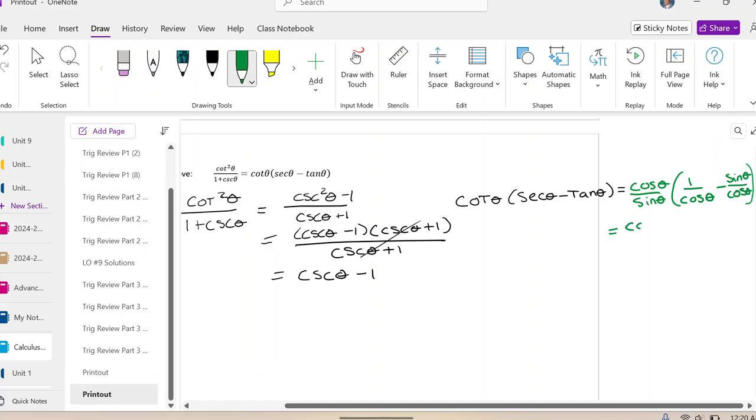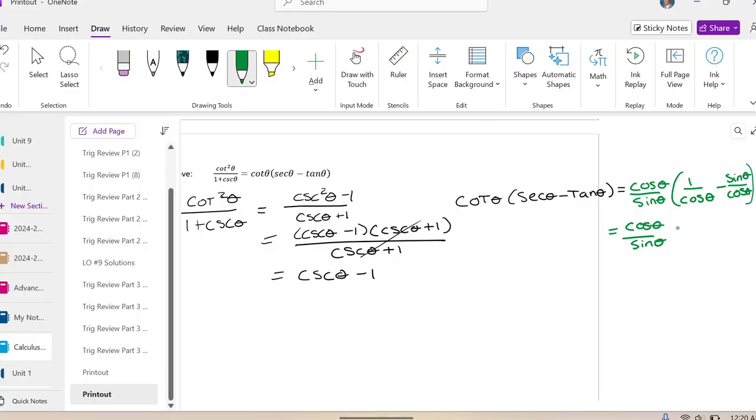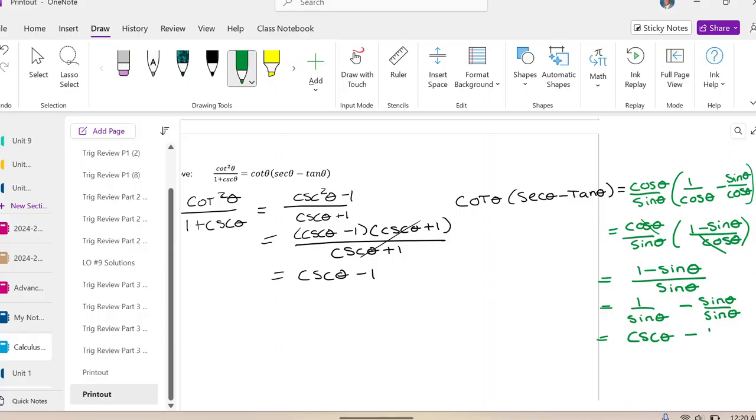So basically it's cosine over sine times 1 minus sine over cosine. So we get 1 minus sine over sine. We might say, well, how is that the same as cosecant minus 1? Well, if you split the fraction, you get 1 over sine minus sine over sine, which is the same as the cosecant minus 1.